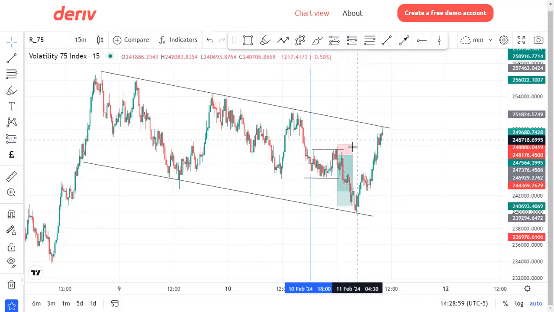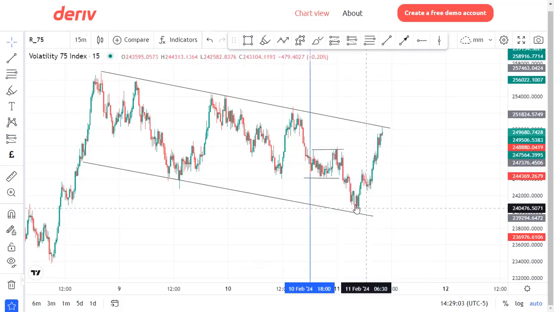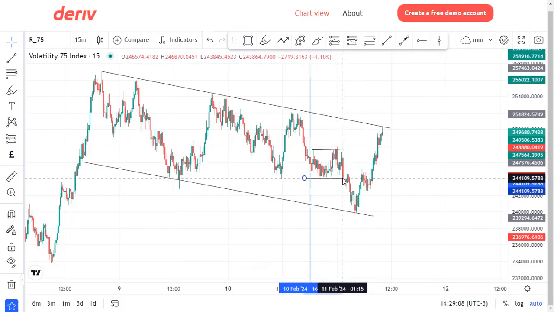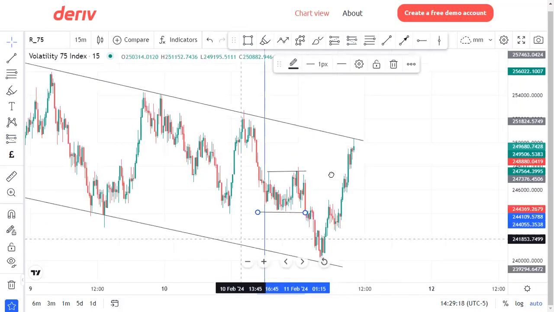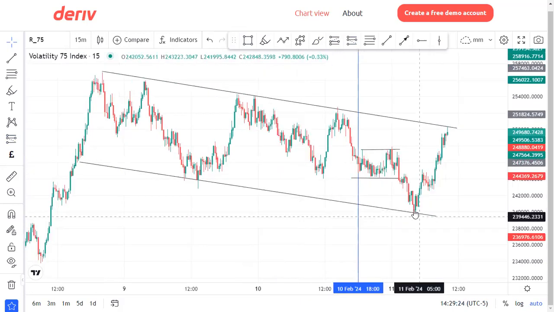Then the other trade during this day, if you notice, we took out this session low, we took out this session high, we took out this session low. The market came, it reacted on this trend line.